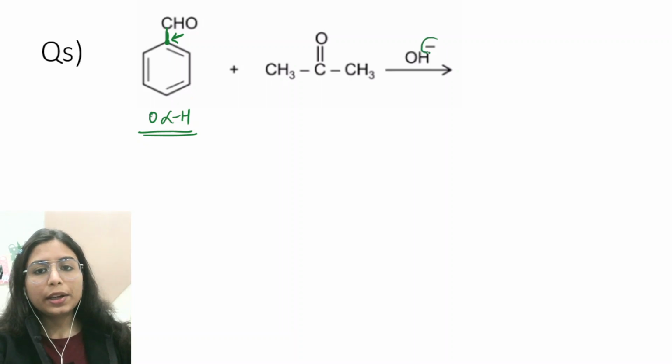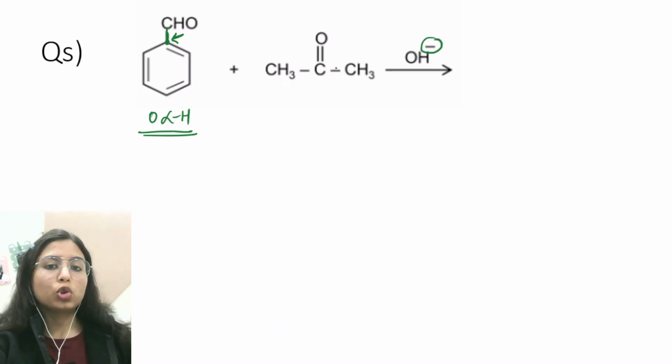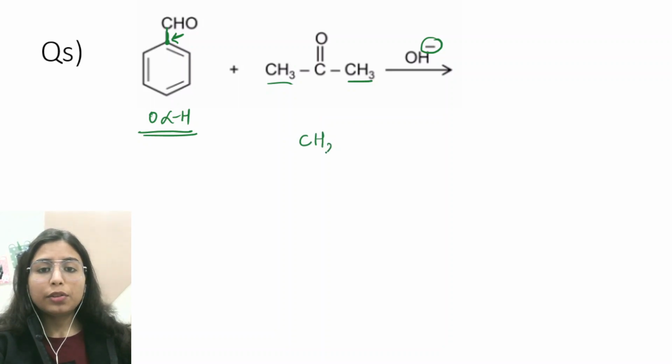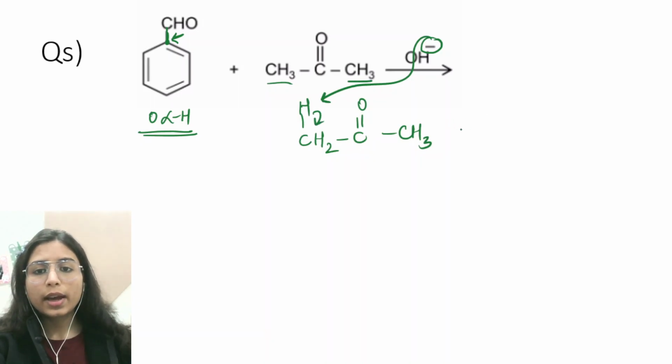Because OH negative would come to abstract the alpha hydrogen. But in the second case, there are 6 alpha hydrogens which are present, right? So what is going to happen over here is that if you write it in this way, then this OH negative would come up and abstract this hydrogen, and you will be able to generate the carbon ion.